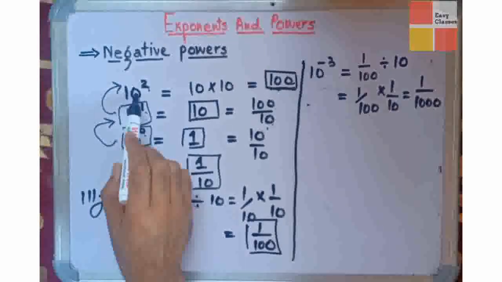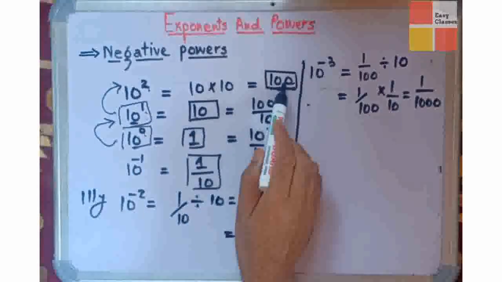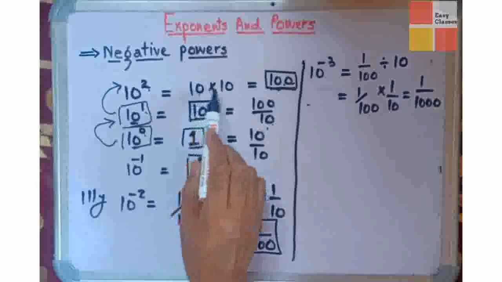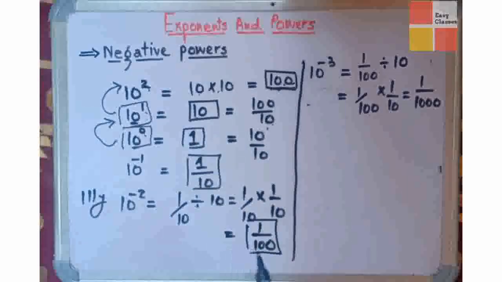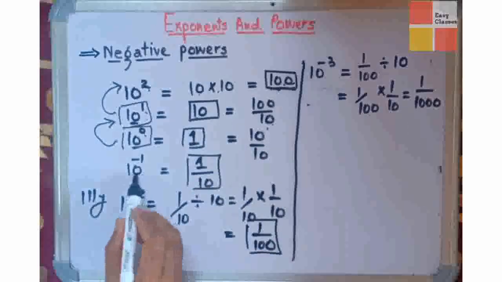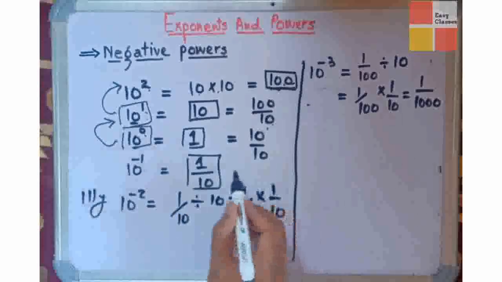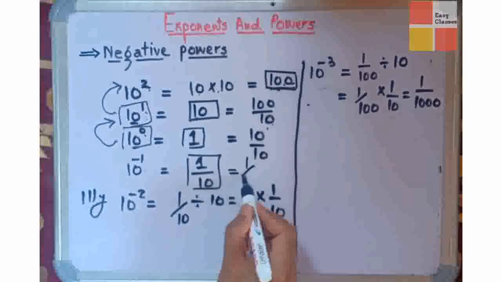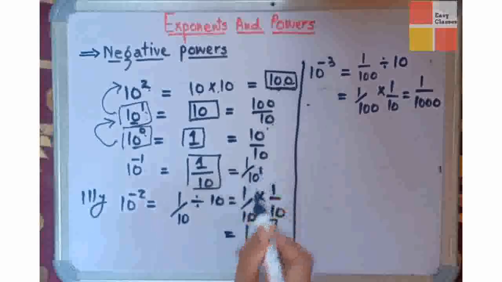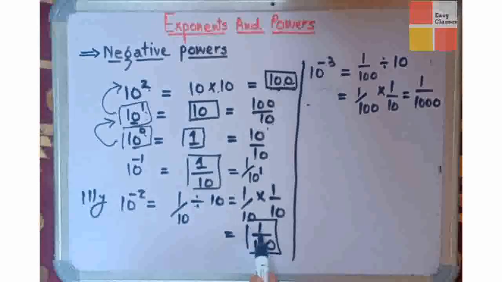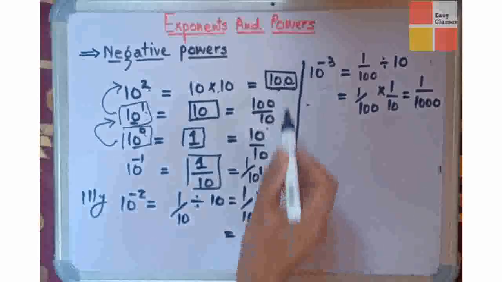Now you can see here 10 raised to power 2 is equal to 10 into 10, that is 100. Now 10 raised to power minus 1 is equal to 1 by 10. So we can put it like this: 1 divided by 10 raised to power 1, right? 1 divided by 100. We know that 100 is equal to 10 raised to power 2.